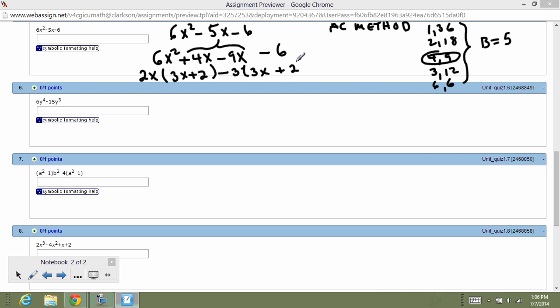So then you compare the two parts that you just did, and you see that the 3x plus 2 is common to both of them. And so you divide out the 3x plus 2 from both terms, and then you're left in the first term with the 2x, and in the last term, just a minus 3.